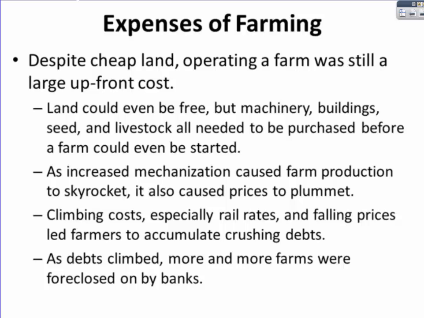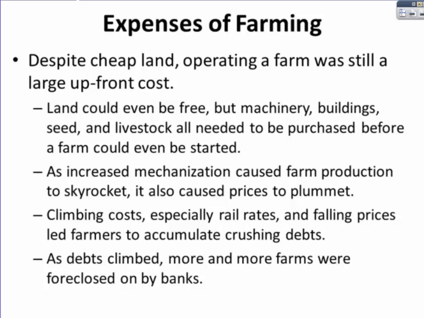Machinery, buildings, seed, livestock, all these things need to be purchased before a farm can even get off the ground. Increased mechanization caused farm production to skyrocket, and it also caused prices to plummet. So the ability to make money, especially after investing in expensive machinery, decreased significantly.